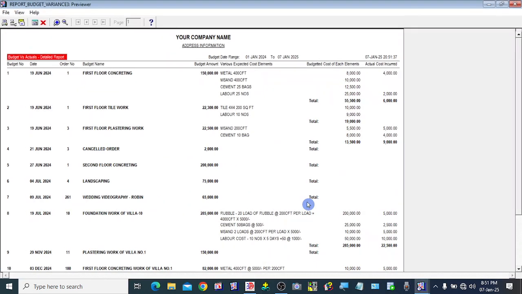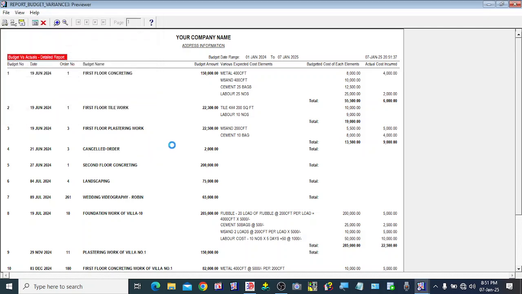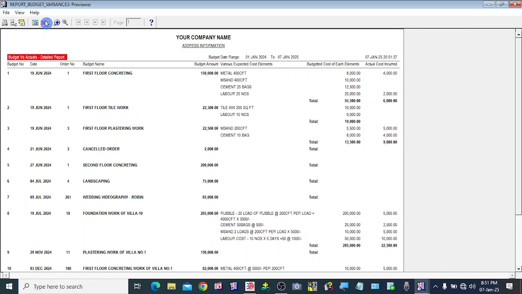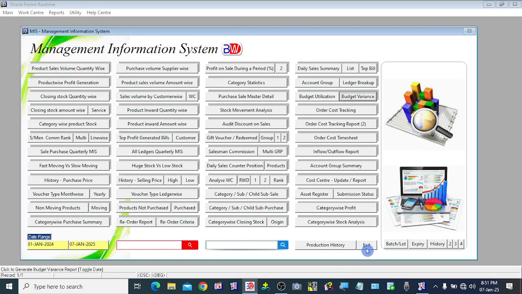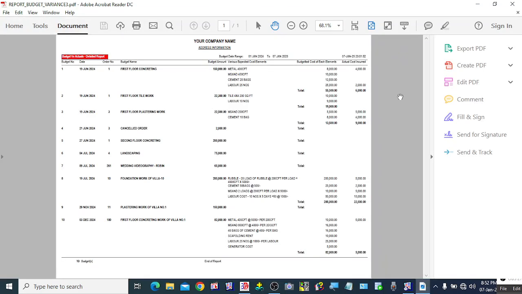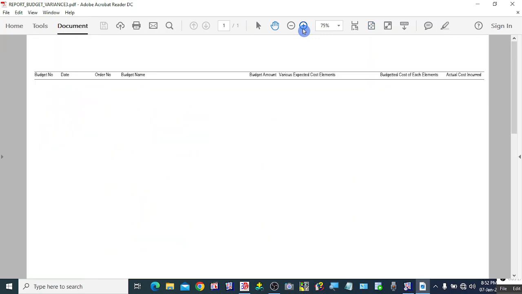Here, let us generate this report into PDF so that we can zoom the report to see it more clearly. This is the budget variance report.